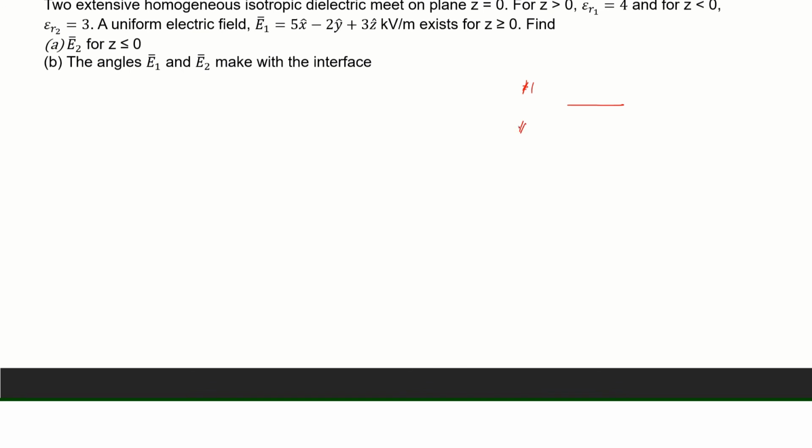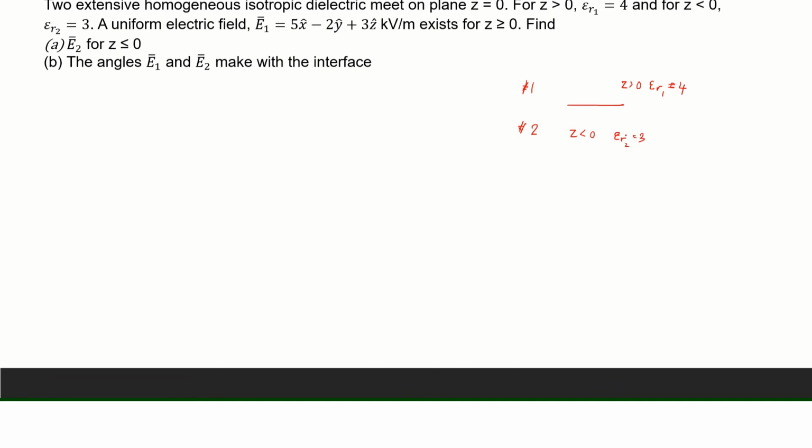This is component number 1, this is component number 2. For z larger than 0, ER1 is equal to 4, and for z lesser than 0, ER2, which is the value of relative permittivity, is equal to 3.